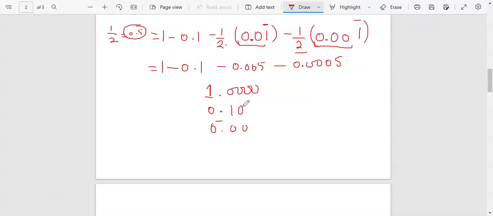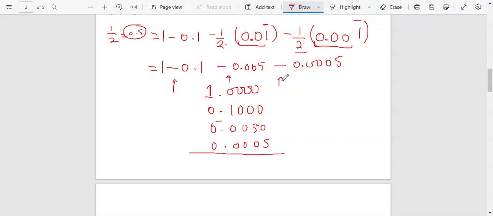So I'm supposed to keep the decimal point by putting zeros there. So this is 0.005. And then the other one is 0.0005, like that.